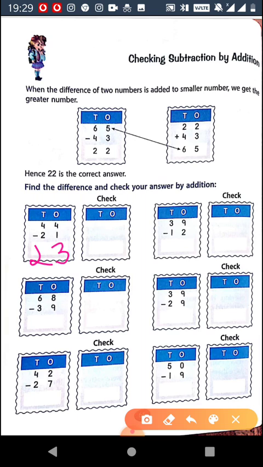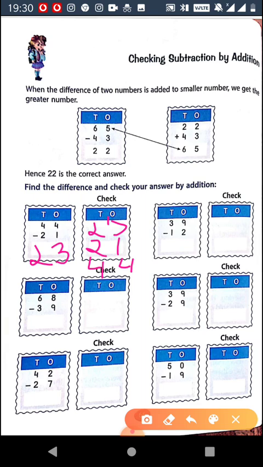Now for checking, when you add this 23 and the smaller number, 21, what do you get? 3 plus 1 is 4, 2 plus 2 is 4, 44. That means your answer is correct. So this is how we check subtraction by addition.